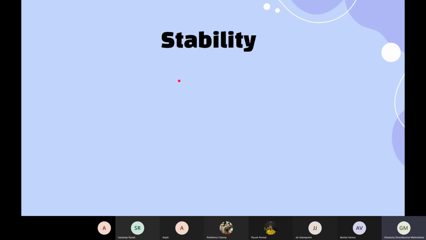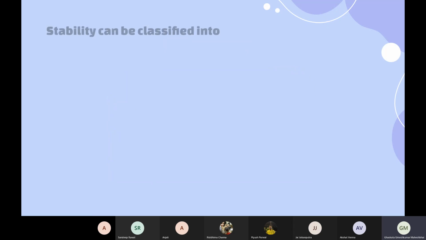Now the important topic of today's webinar is stability. The simple definition of stability is the ability of an aircraft to withstand any disturbance and continue its normal flight. The classification of stability we will cover in the GitHub material.